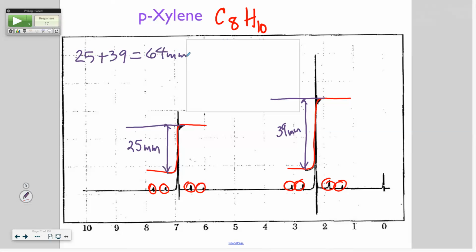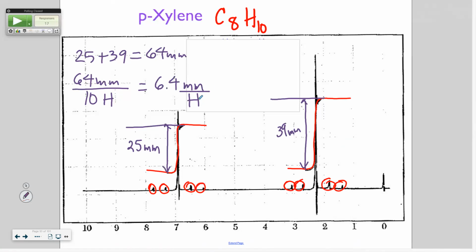I know that I have 10 hydrogens. 64 divided by 10 is what? 6.4. I wasn't trying to be tricky. 6.4, but look at your unit, millimeters per hydrogen.